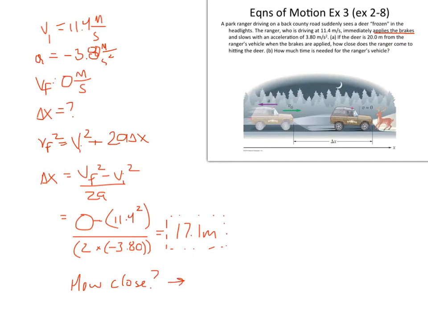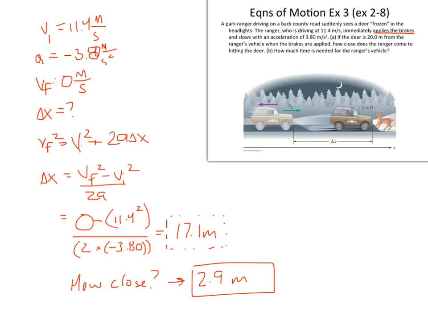Well, that's going to be 2.9 meters. We just find that distance to the vehicle. I should have written just 2.9 because it's correct significant figures. All right, 2.9 meters, that's how close it comes. So that's about the length of a man to the deer, so that's a pretty close call.